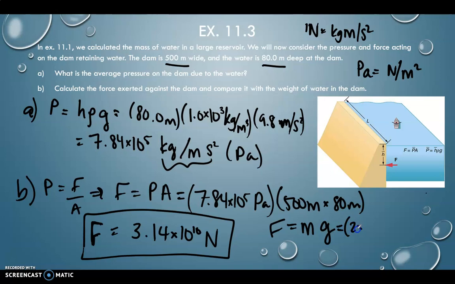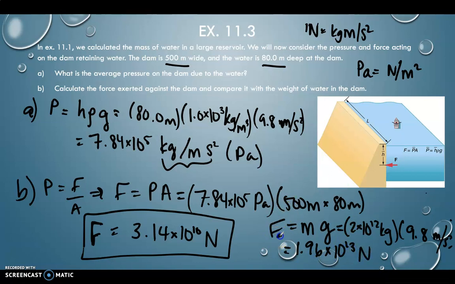So we put 2 times 10 to the 12th here, kilograms, and gravity, G. So we have 2 times 10 to the 12 kilograms times 9.8 meters per second squared. And so our force will be 1.96 times 10 to the 13th newtons.